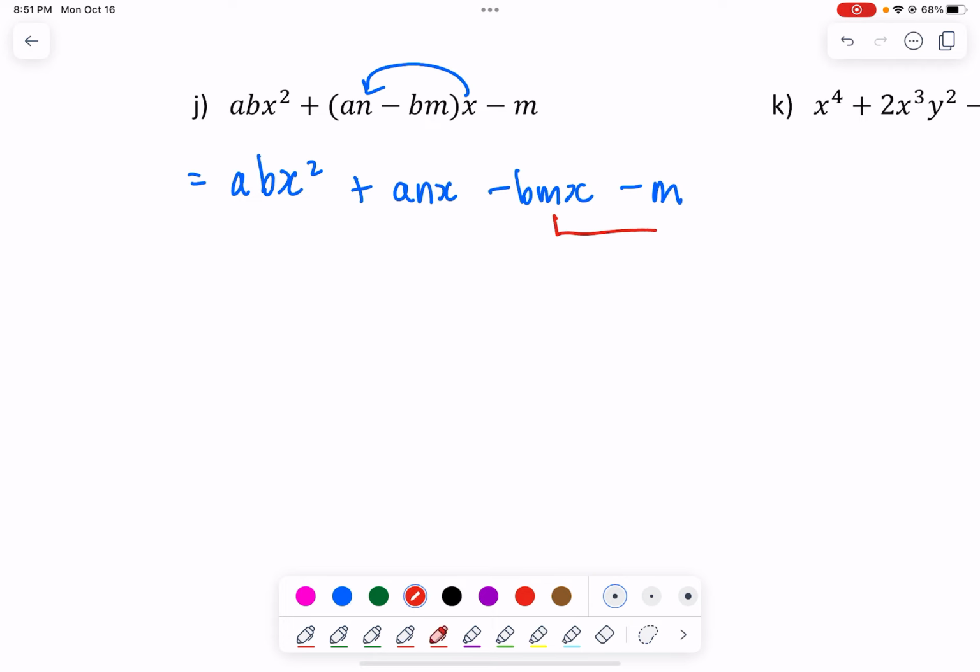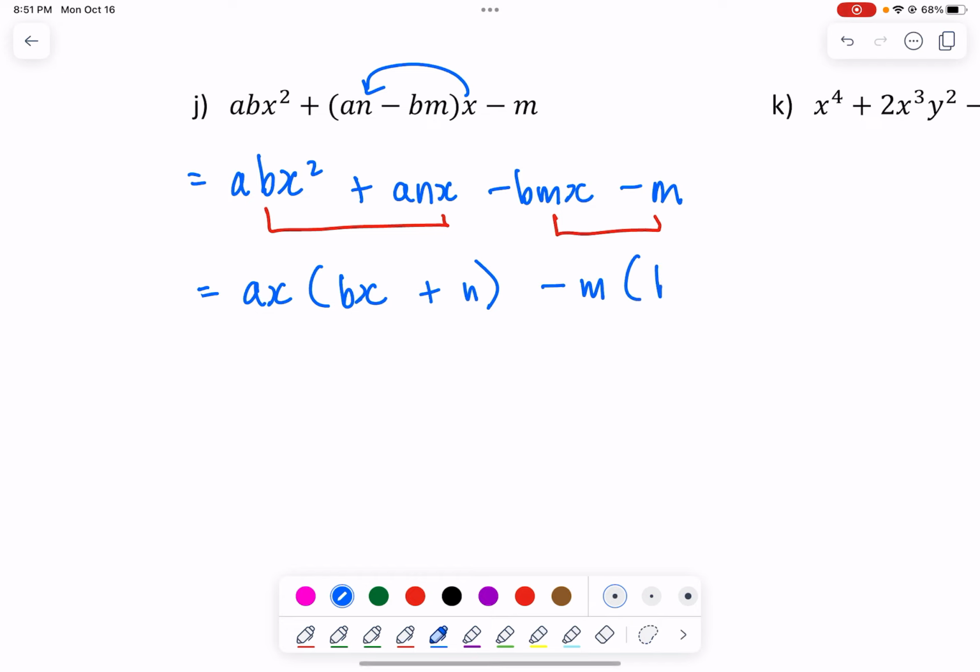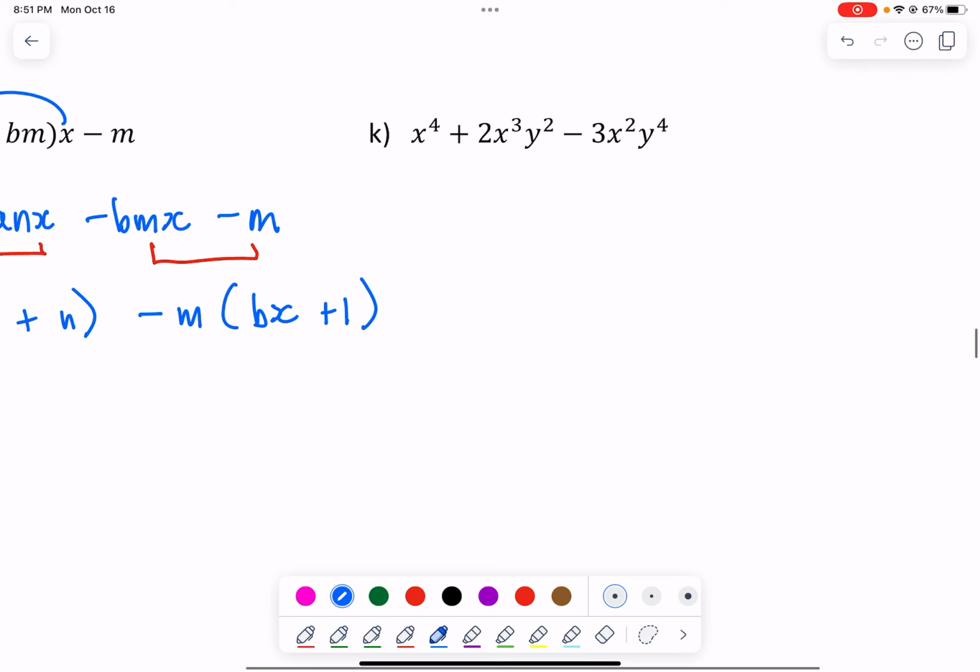These both have m's. These b's both have ax's. Let's see if that works. So if I take out an ax, I'm left with a bx plus n. And if I factor out a minus m, I'm left with a positive bx, but it's plus 1. Okay, I'm going to think about that and maybe come back to it.